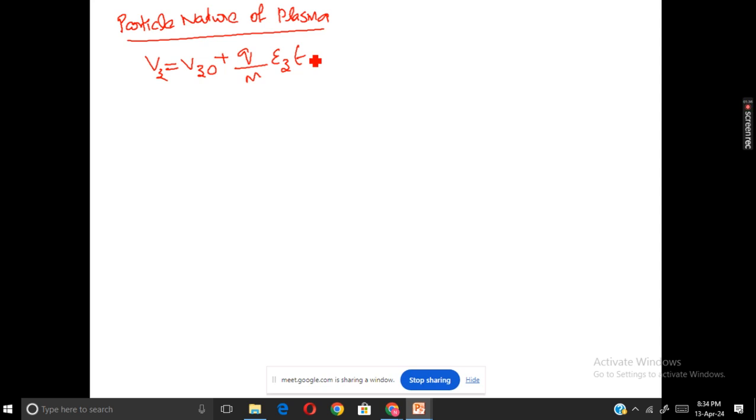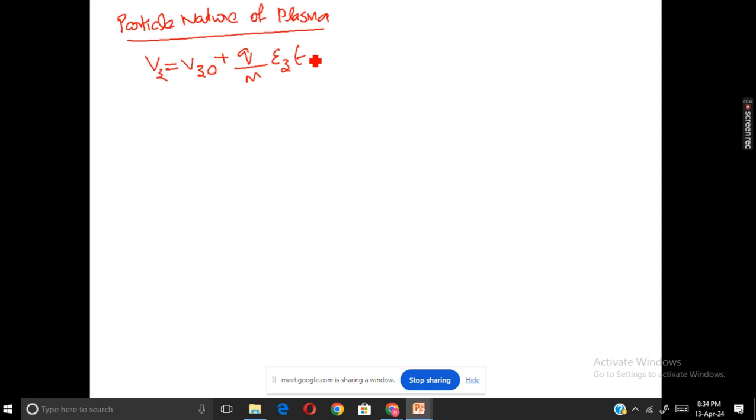The velocity parallel to the direction of the electric field will change, while Vx and Vy will be the same. It is not altering the velocities along the x and y directions, in the perpendicular direction.